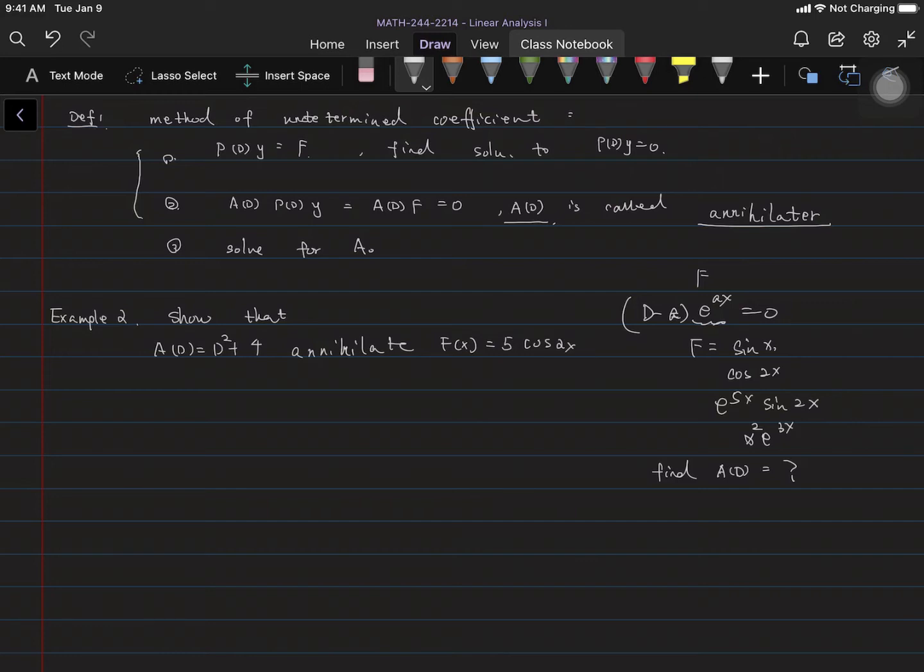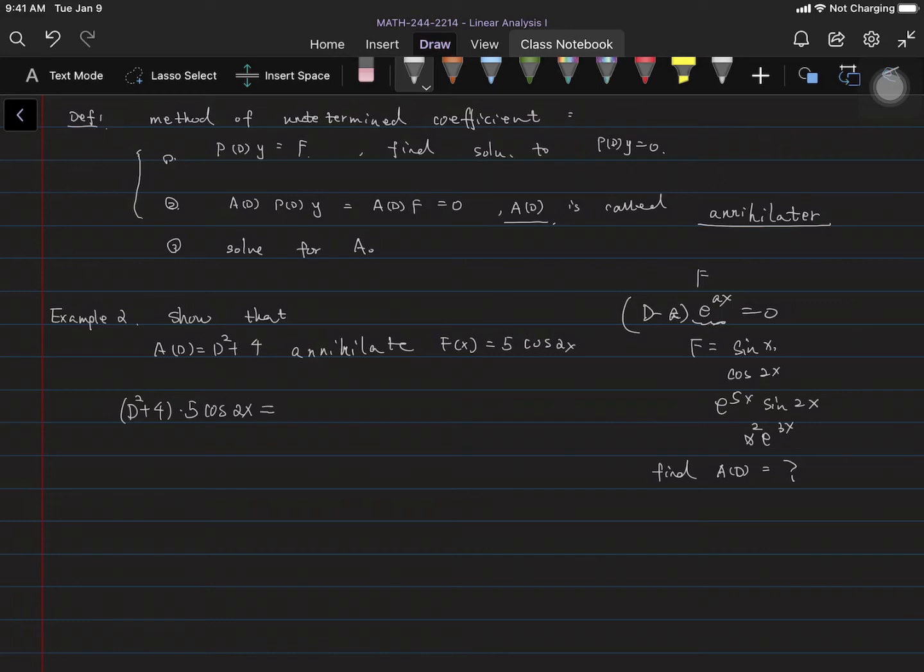Okay. Let's take a look. Let's annihilate this function. That means A(D) times f equals 0. That means this times 5 cosine 2x can make that into 0. Okay, we want to see if that is true.